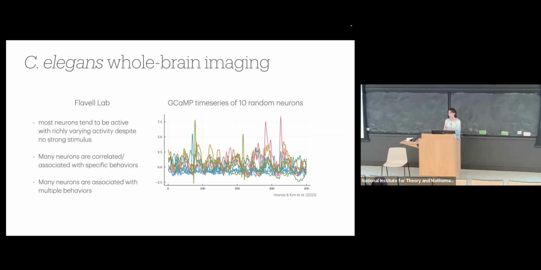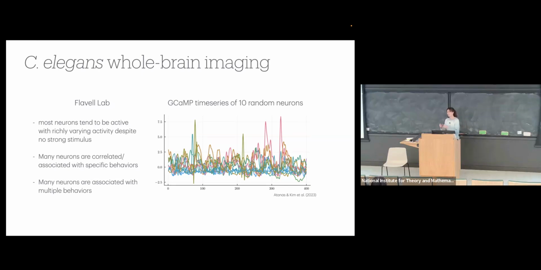Something else that experimentalists have noticed is that there are many neurons that are correlated or associated with specific behaviors. So it's not just one neuron per behavior. There are a lot of different neurons that are tightly or loosely associated with different behaviors. And also, many neurons are associated with multiple behaviors.